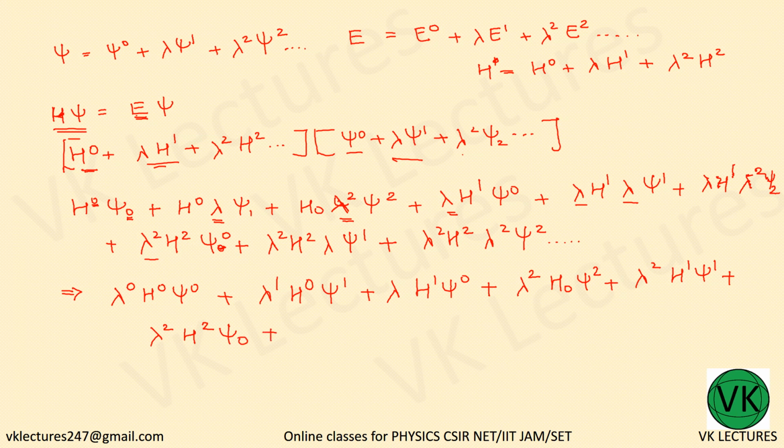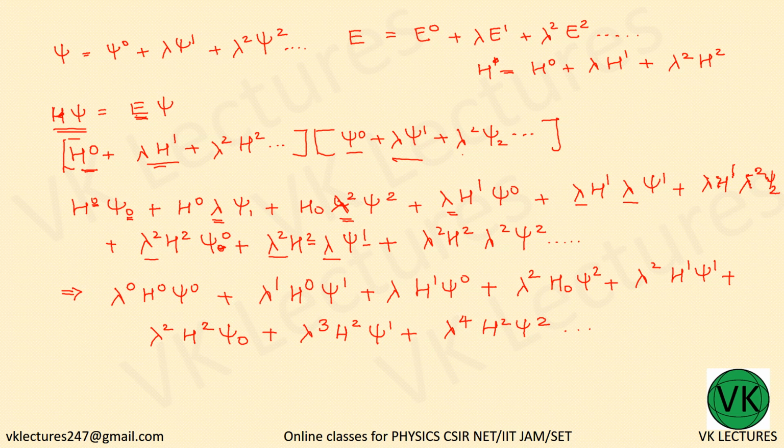Plus, but look at the power here, this is 2 and this is 1, so this is lambda cube H2 psi 1, plus this is lambda power 4 H2 psi 2. Okay, now this goes on.